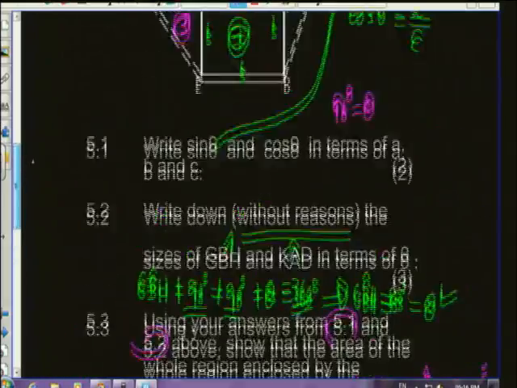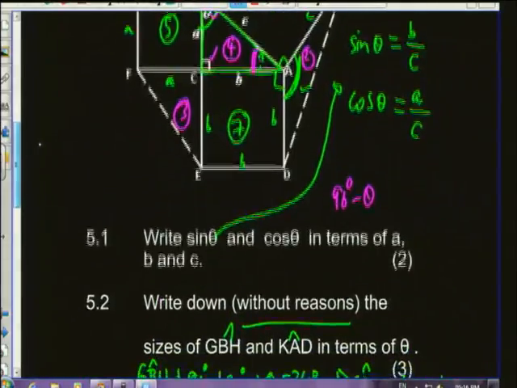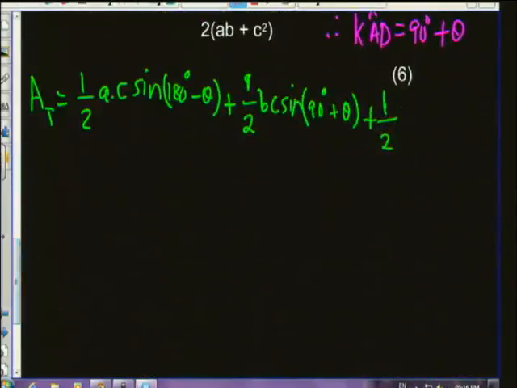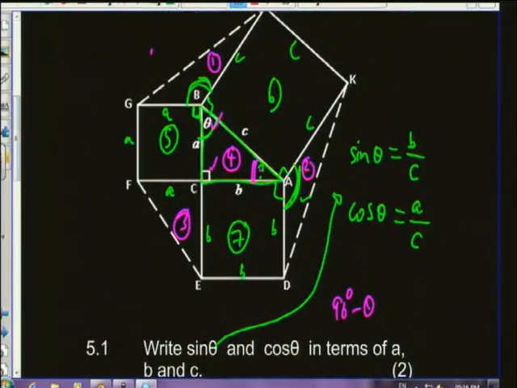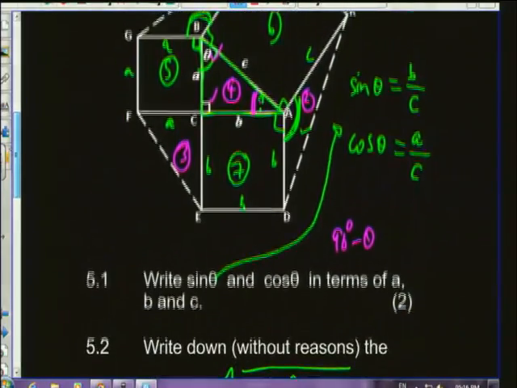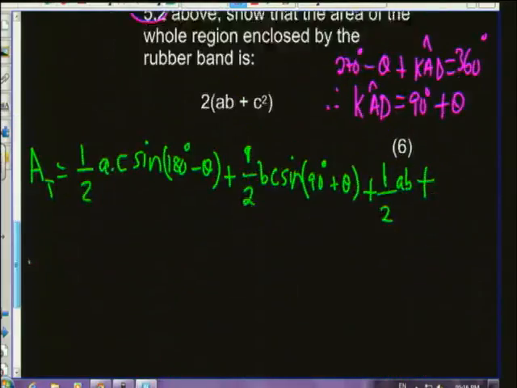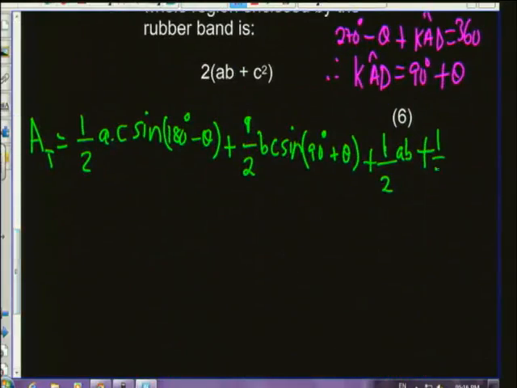The base will be A, and the height will be B, so half AB, plus figure number 4. Figure 4 is a triangle again, base is B, height is A, so half B times A.